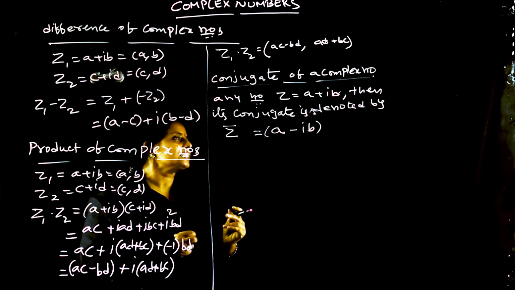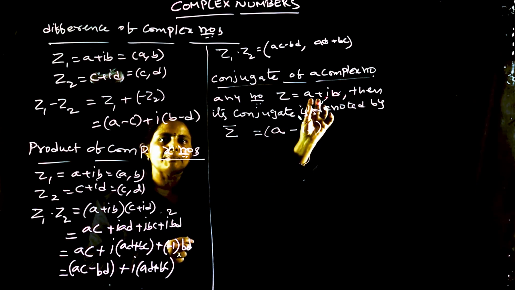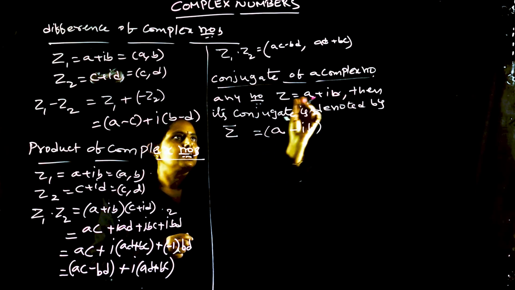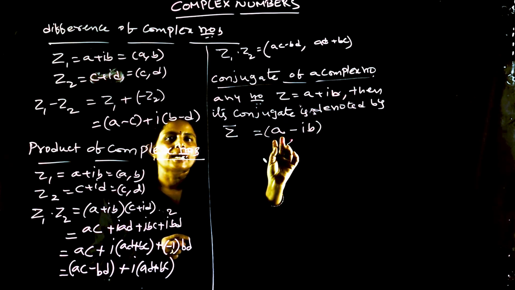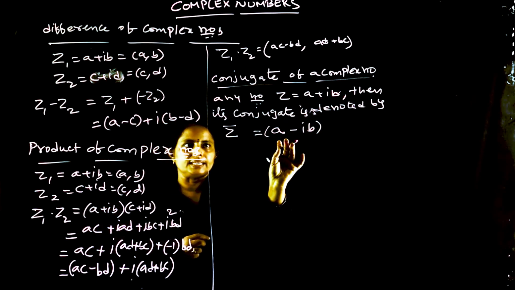Means only sign of imaginary part we have to change. So, conjugate of a plus ib is nothing but a minus ib.